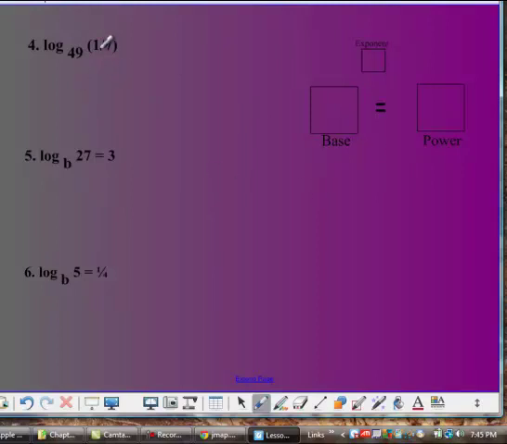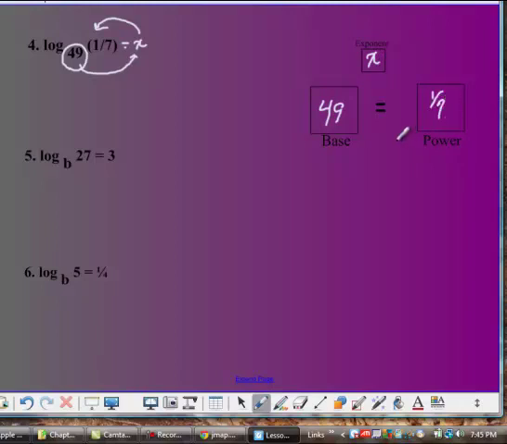So let's try Josh's little shortcut. 49 to the... Wait, there's nothing there. Okay, if there's nothing there, I'm going to designate nothing with the letter x. That's what we do in algebra. So this one would be 49 to the x power gets me 1/7.